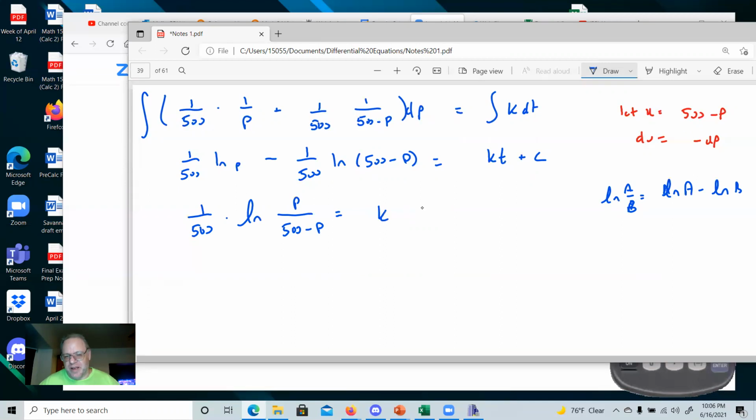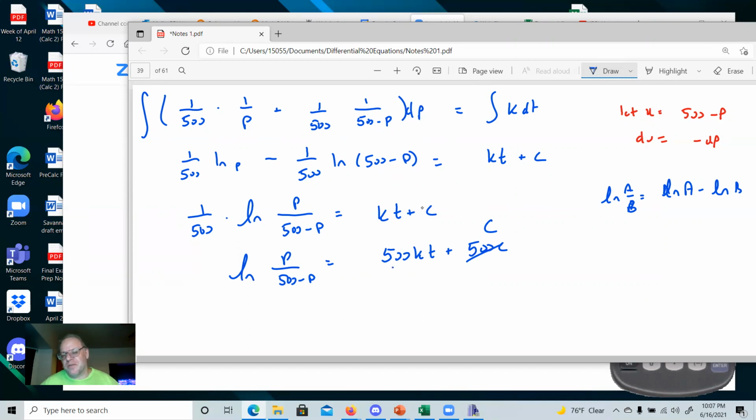And that's equal to kt plus C. Multiply both sides by 500, so we have natural log of P over 500 minus P is equal to 500kt plus, I'm still just going to call it C. You can keep the 500 there, but honestly, it's just C.